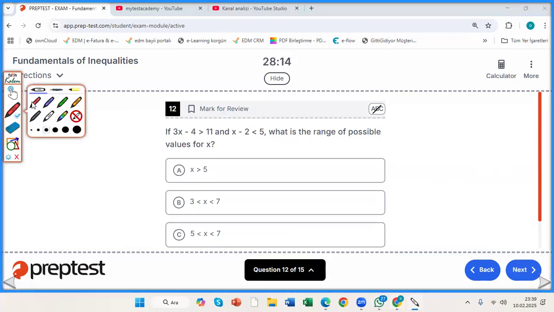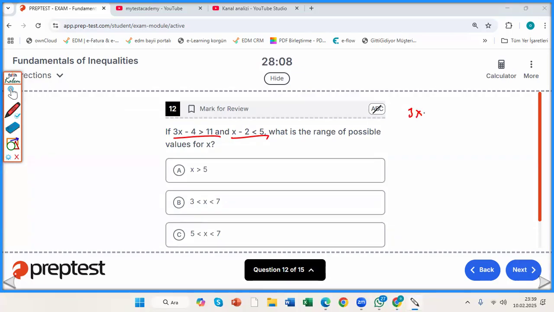For that kind of question, you are going to find each one firstly. What I mean, 3x minus 4 is greater than 11, so 3x is greater than 15, and we know that our first solution is x is greater than 5, okay? Let me show you the second solution. X minus 2 is less than 5. In other words, x is less than 7.